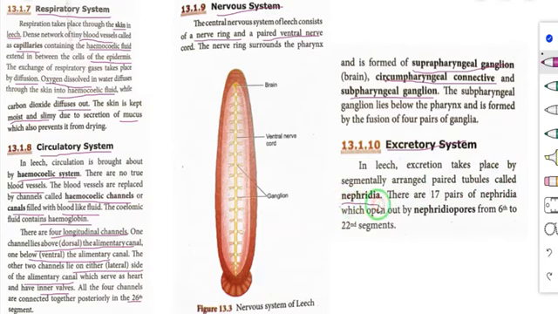There are 17 pairs of nephridia, which open out by nephridiopores from the 6th to 22nd segments. So totally 17 pairs of nephridia are present.